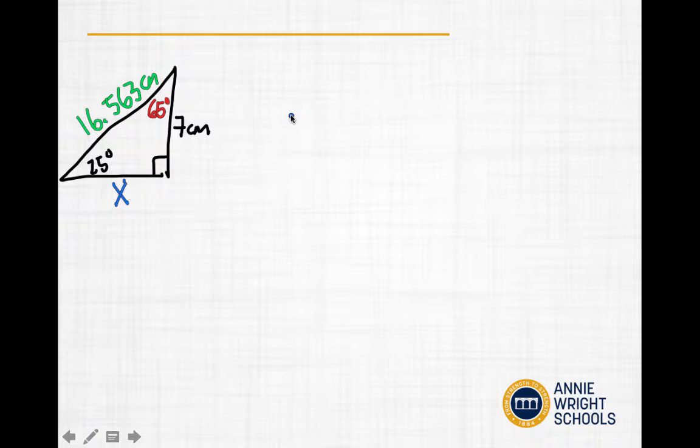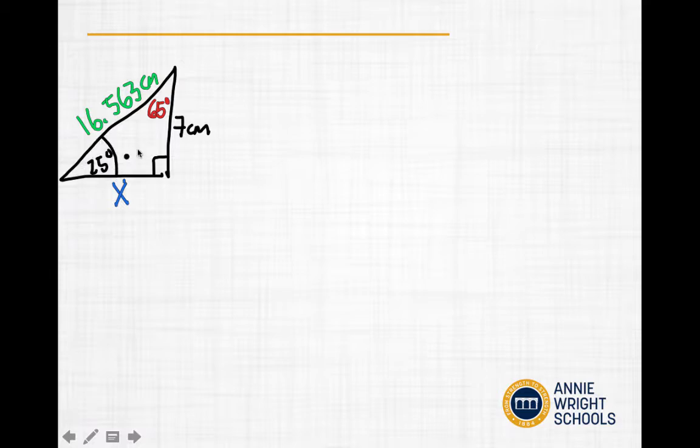You could use the Pythagorean theorem. You know two sides. The problem with using the Pythagorean theorem is we came up with this side, and if we had made a mistake here, then we're going to make a mistake here. So I want to go back to the original information that's in the black marker. I know this angle is 25 degrees.